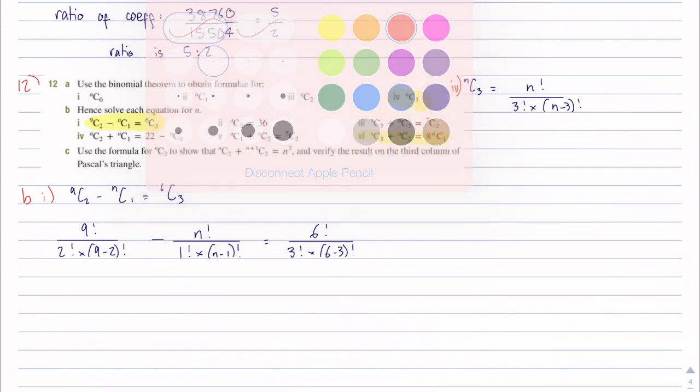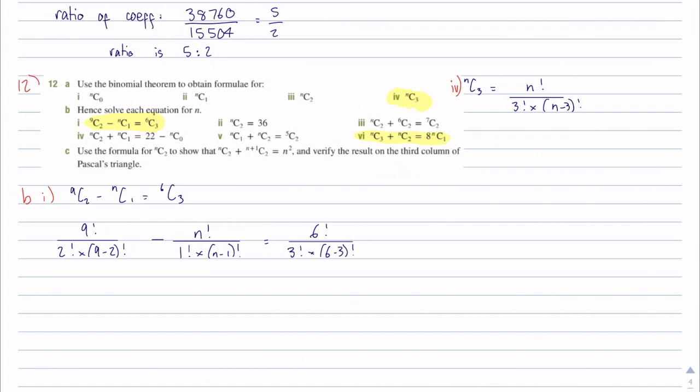So I'll write the generic formula here. nCr is n factorial over r factorial times n take r factorial. So here we've got 9 factorial over 2 factorial times 7 factorial, minus n factorial over 1 factorial, which is 1, times n minus 1 factorial, equals 6 factorial over 3 factorial times 3 factorial.